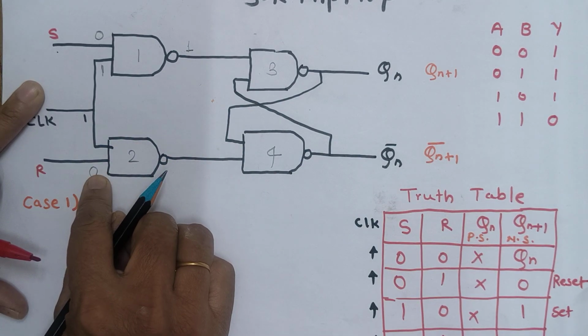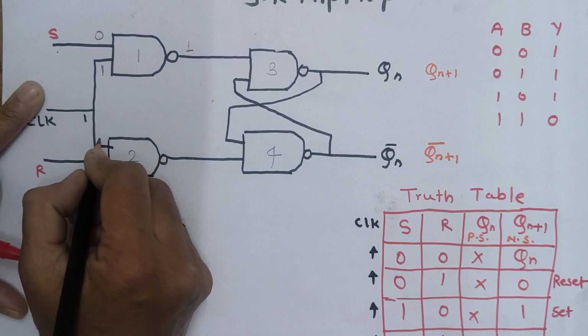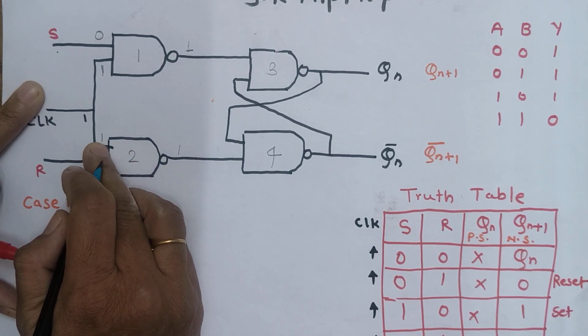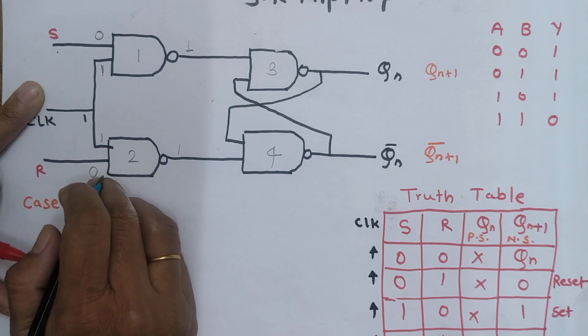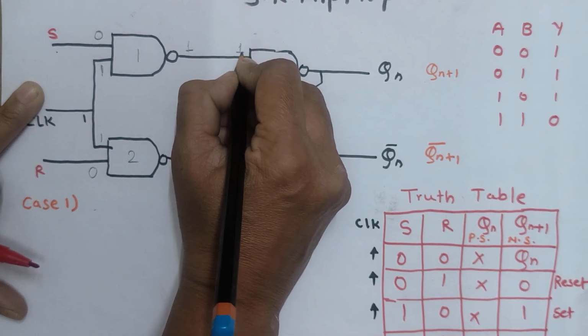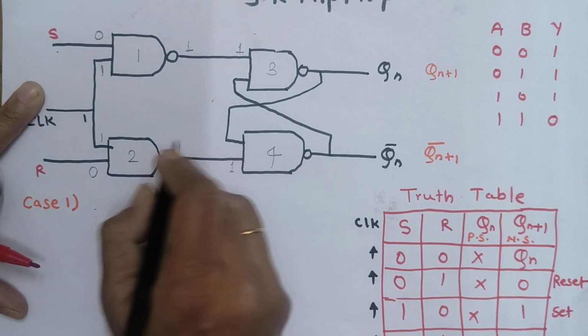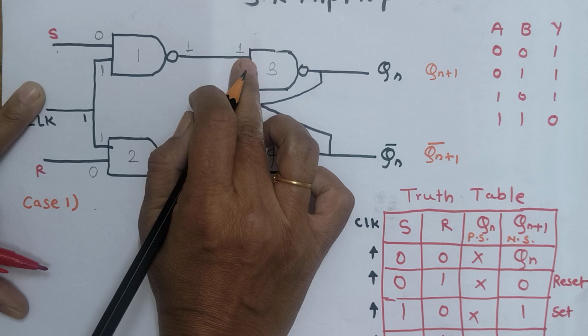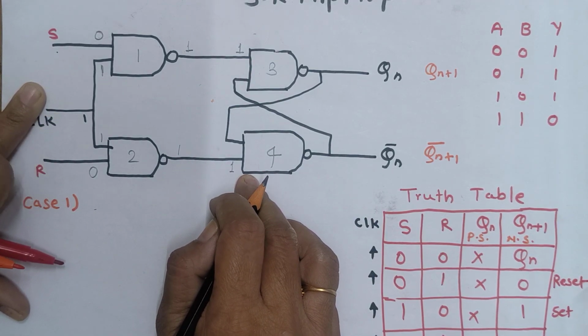For the second NAND gate, the output is also equal to 1, because one input of the NAND gate is 1 and the second is 0. So the outputs of the first and second NAND gates will be the inputs to the third and fourth NAND gates respectively.